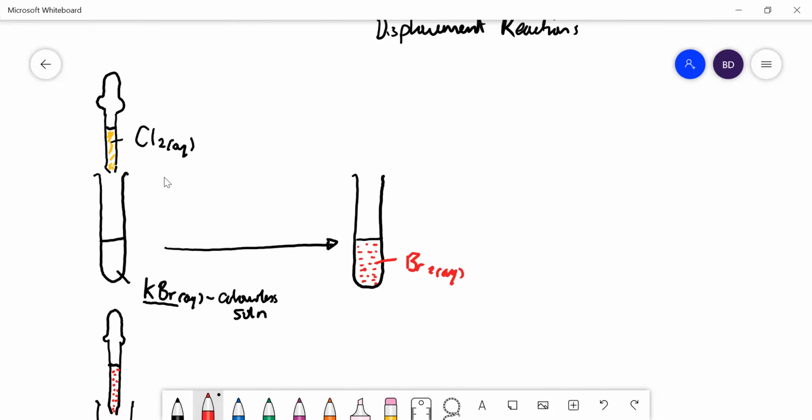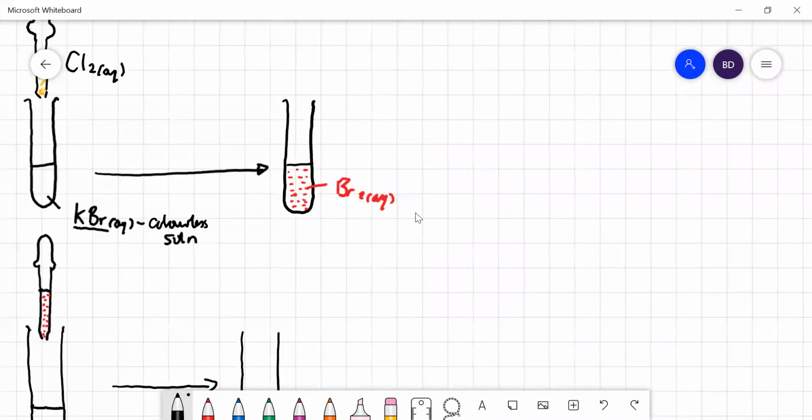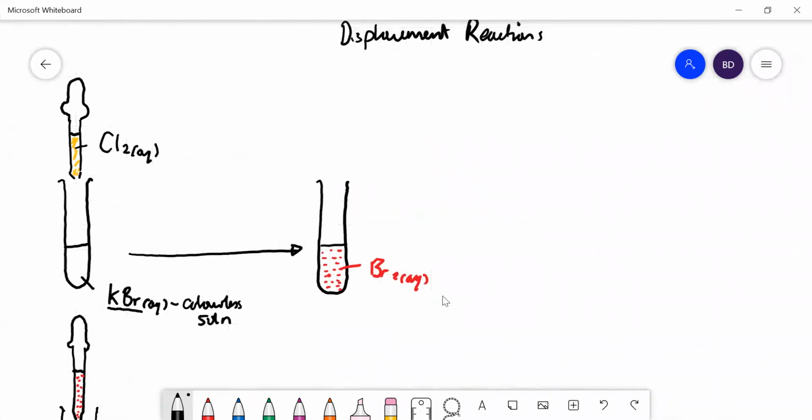So if you write an equation for that, what's happening is KBr in aqueous solution will react with chlorine in aqueous solution, and it will make bromine, the element bromine, diatomic bromine, and potassium chloride in aqueous solution.